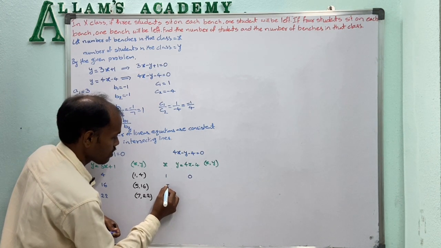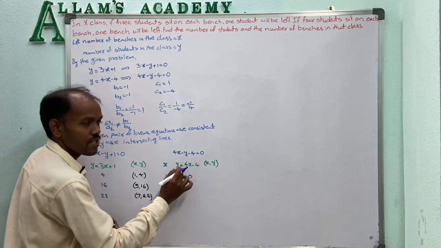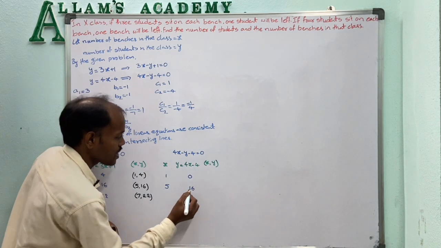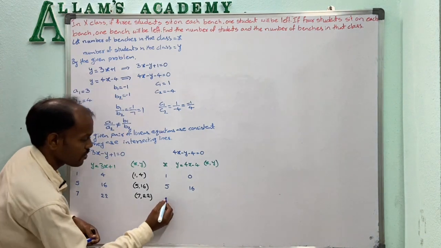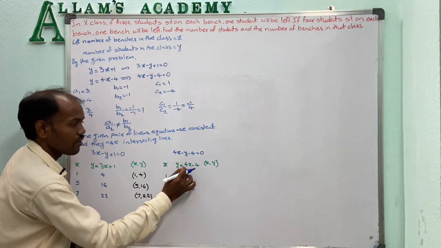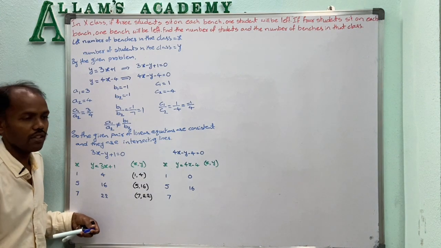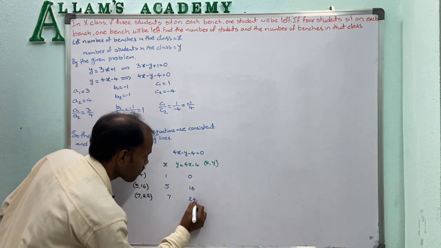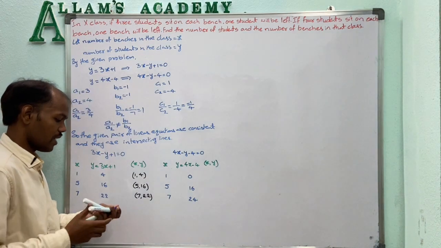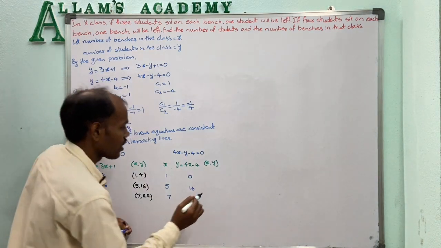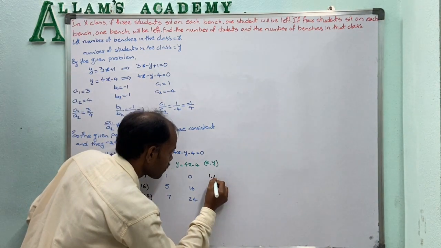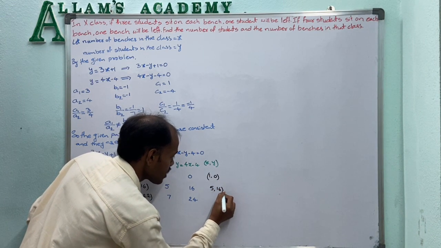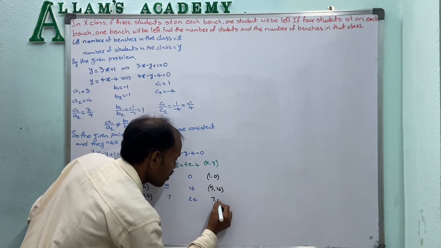If we substitute 5, 4 5s are 20 minus 4 equal to 16. If we substitute 7, 4 7s are 28 minus 4 equal to 24. So for 1, its corresponding y coordinate is 0, for 5 it is 16, for 7 it is 24.